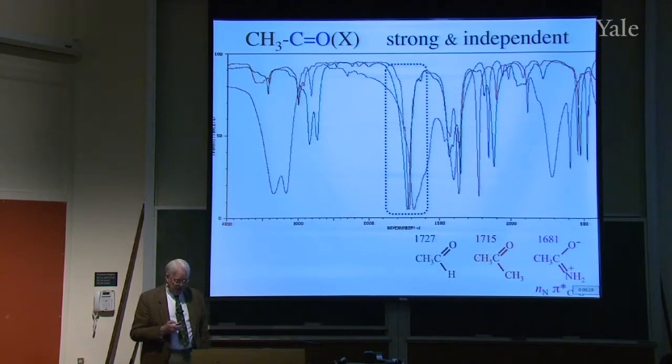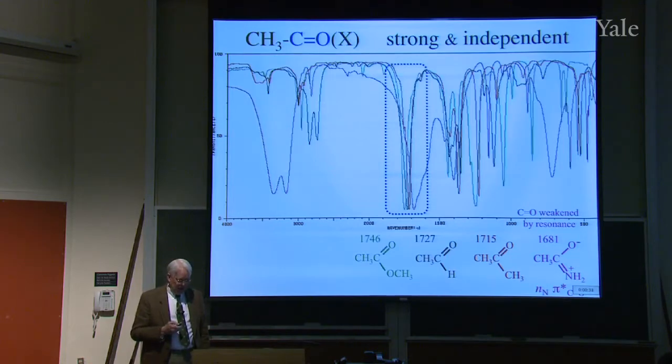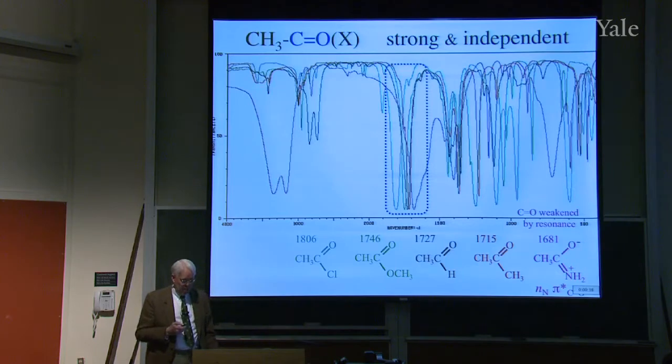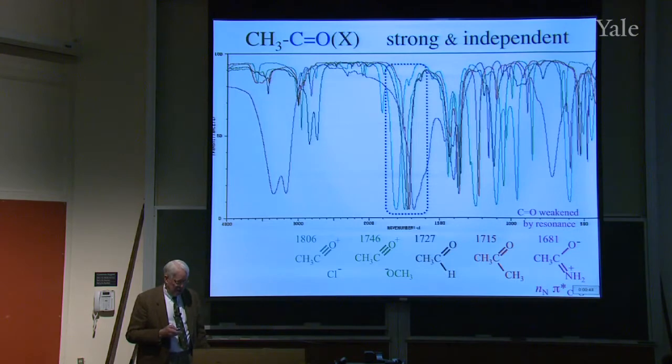But in the case of the ester, the bond was in fact strengthened a bit, and in the case of acid chloride, it was strengthened quite a bit, and the reason for that was that you could get this other curious resonance structure.